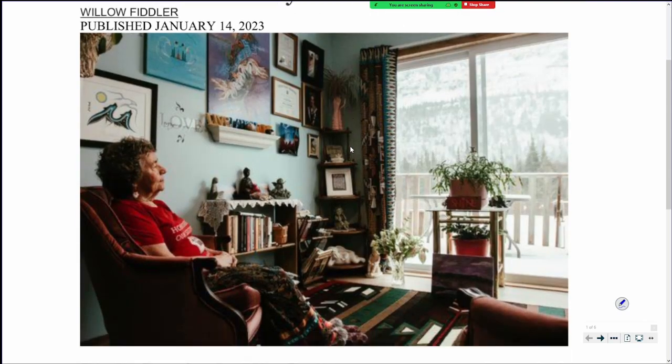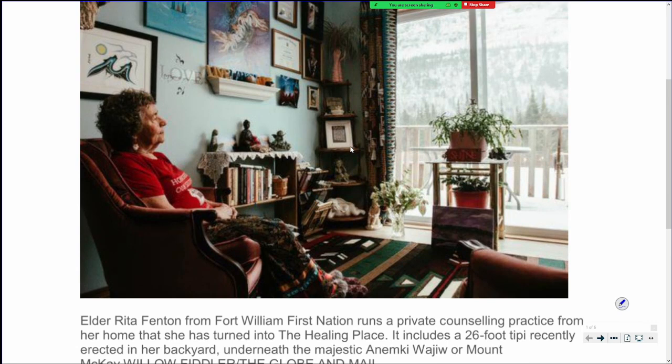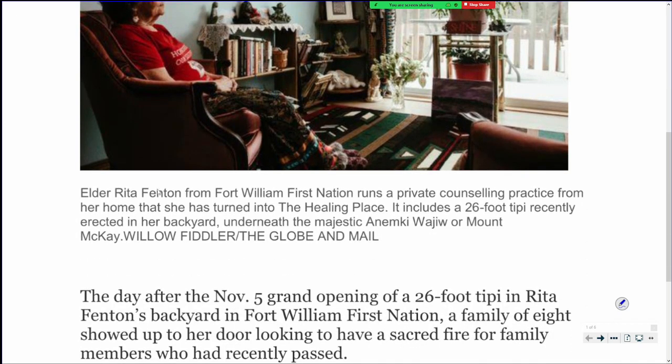And there's a lovely photograph of the elder, and the caption reads, Elder Rita Fenton from Fort William First Nation runs a private counseling practice from her home that she has turned into the healing place. It includes a 26-foot teepee recently erected in her backyard, underneath the majestic Anemki Waji, or Mount McKay.